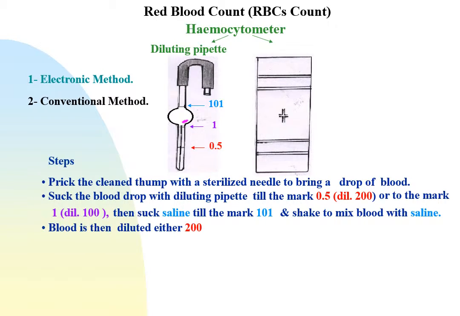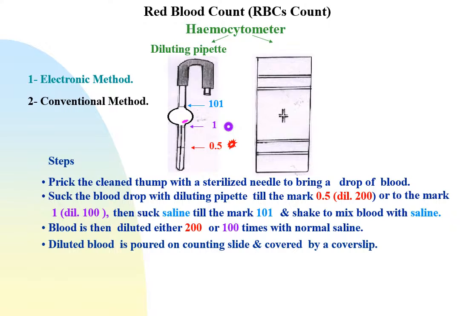The blood is then diluted either 200 times if we sucked blood up to the mark half, or 100 times if we sucked blood till the mark 1. The diluted blood is poured on the counting slide and covered by a cover slip.